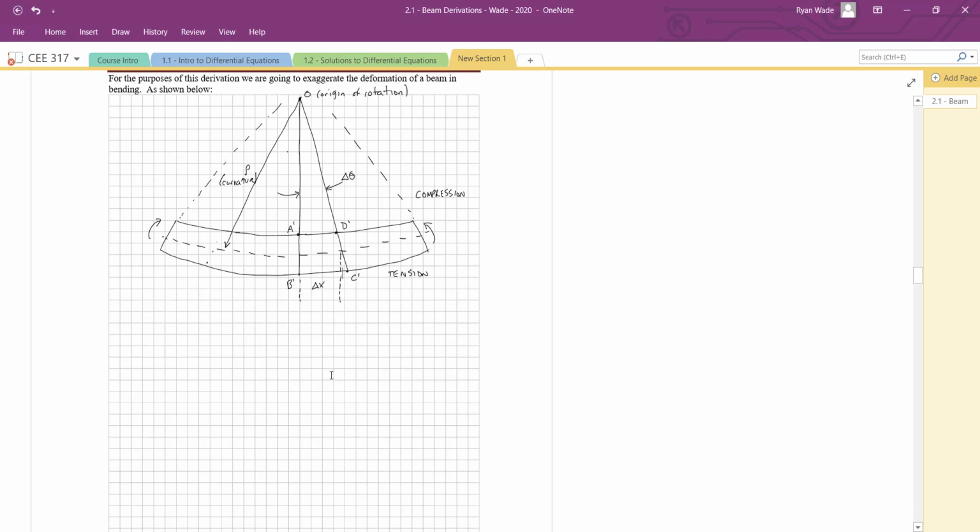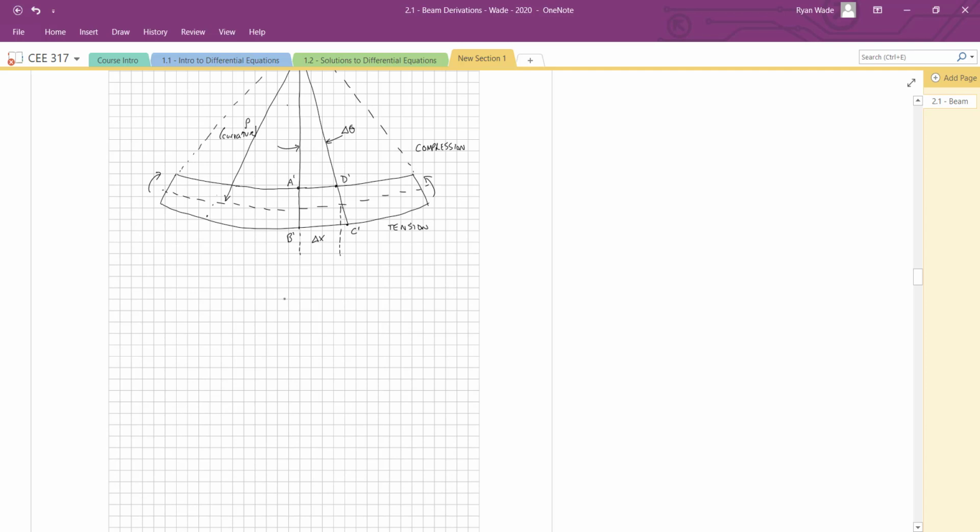If I expand that element here, that AD element, I'm going to try to draw it like this. And I make it relatively large. So A prime, D prime, B prime, C prime, and I'm going to do my neutral axis up here.